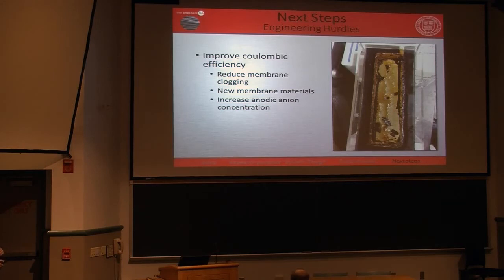So we're looking at methods to remove material that's accumulating there, scraping off and cleaning the membrane. Additionally, there's a lot of opportunity to increase performance with new, better performing membrane materials. And we're also looking at increasing the anodic anion concentration to increase transfer rates.